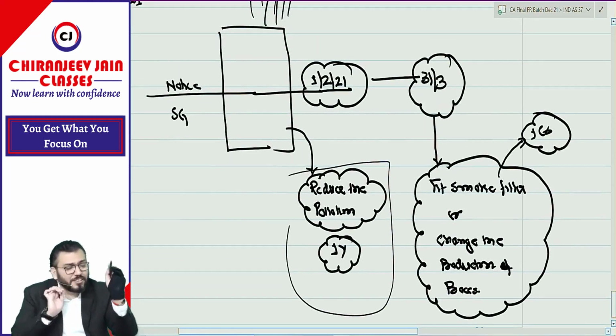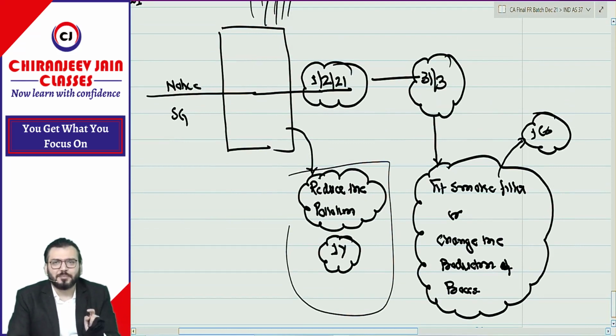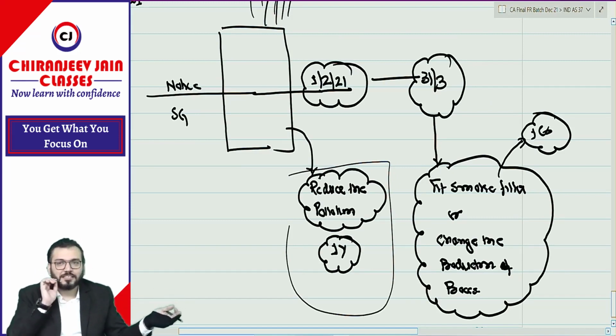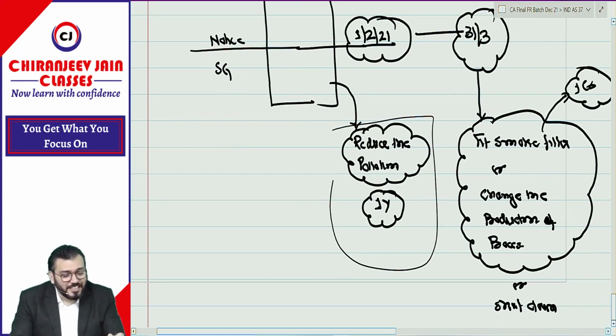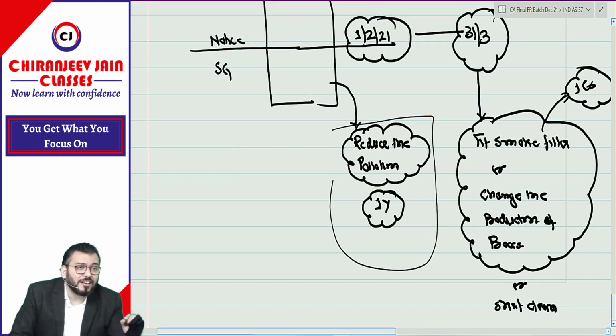Now, what does Ind AS 37 say? One thing is clear, that a similar question has been asked at CA Inter level. You might know the answer, but you don't know why that answer is. In this, can I say the obligation is dependent on future conduct of business? What they will do in future, whether they will fit a smoke filter, or change the production process, or do nothing and shut down.